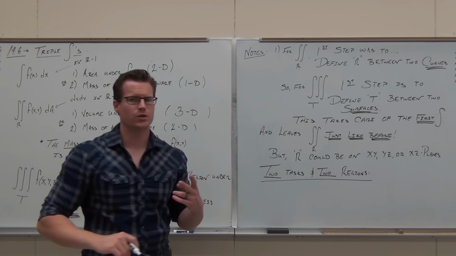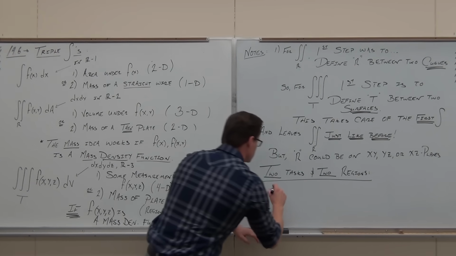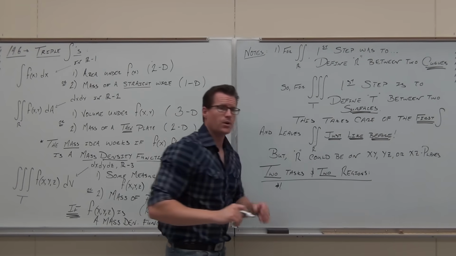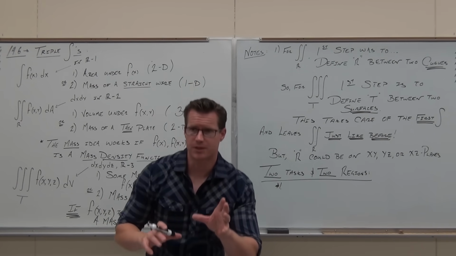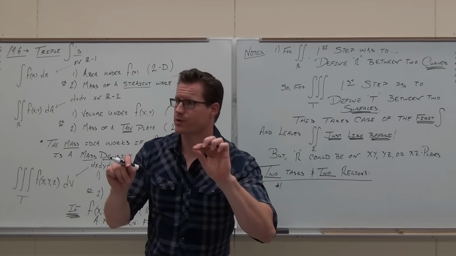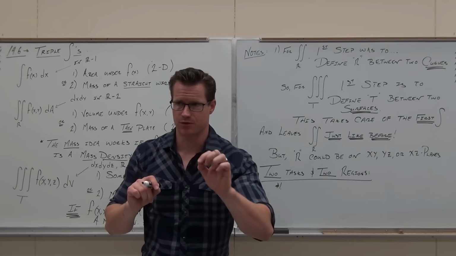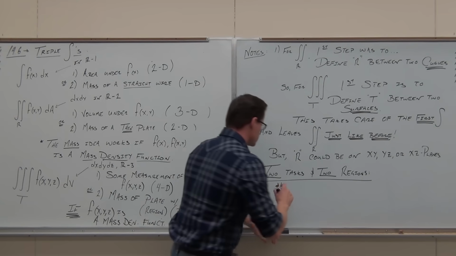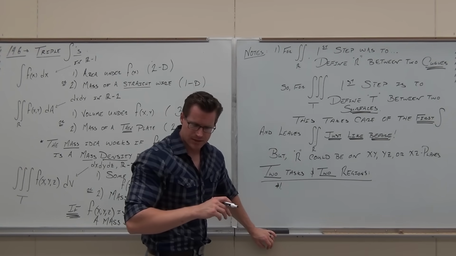Two tasks, 2 regions. Number 1, trust me, you gotta listen to this. You gotta deal with the R3 region first. You have to go between surfaces first. So 2 tasks, 2 regions.